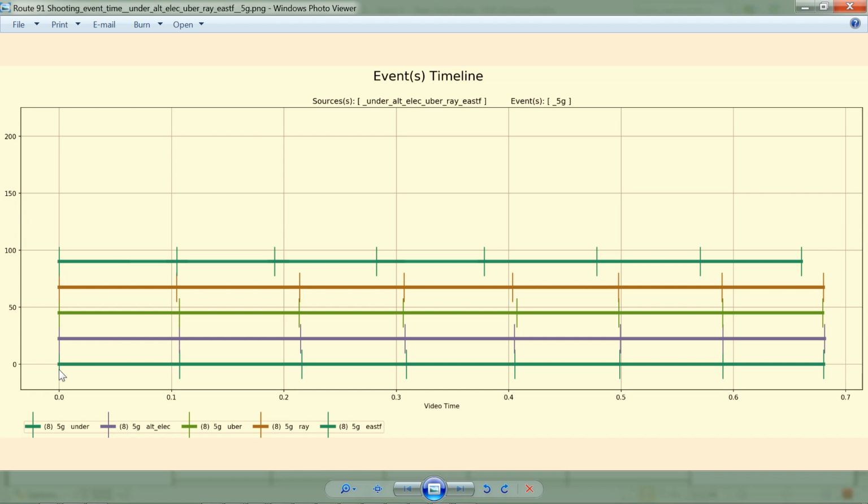A muzzle blast for one video will be recorded at a time different than another video, simply because sound propagates from the source to the destination, and in this case the distances are all different.